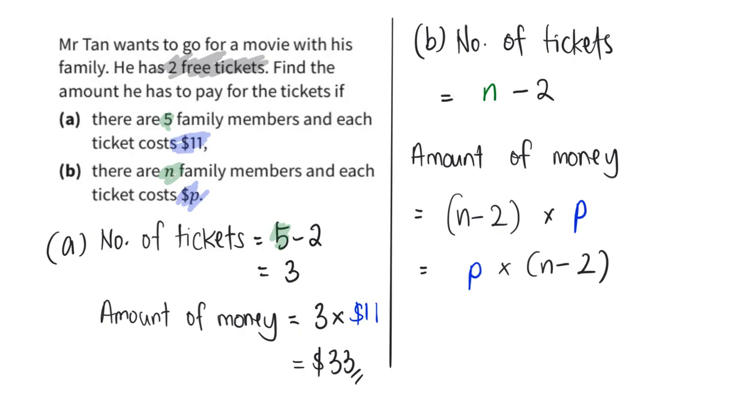The value is the same, and therefore final answer you can just write it as P bracket n minus 2. This is okay. You can also expand and simplify as well to give Pn minus 2P. This is also acceptable. Alright, let's move on to the next question.